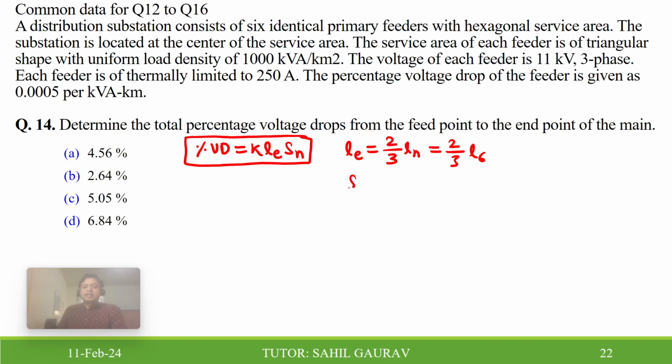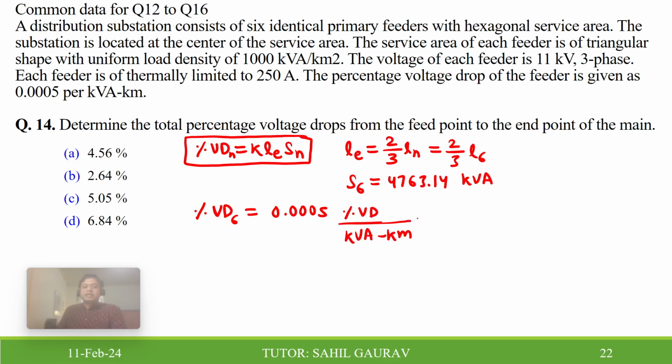And Sn is also known. Sn is S6, which we have computed as 4763.14 kVA, the capacity of each feeder. Therefore, percentage voltage drop equals K times LE times Sn. K is given as 0.00 percentage voltage drop per kVA kilometer, and LE is 2 by 3 of L6.